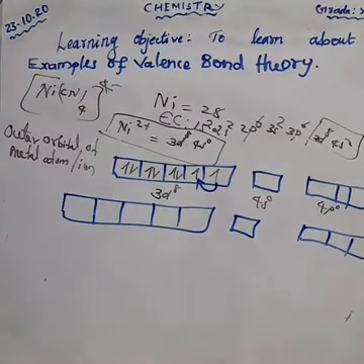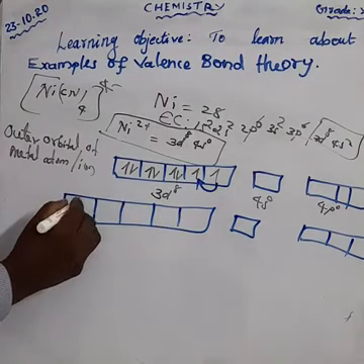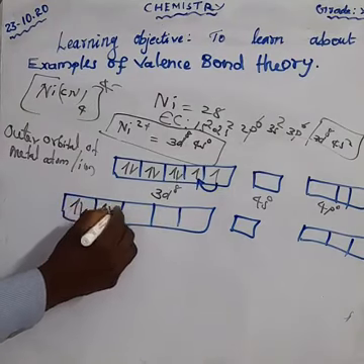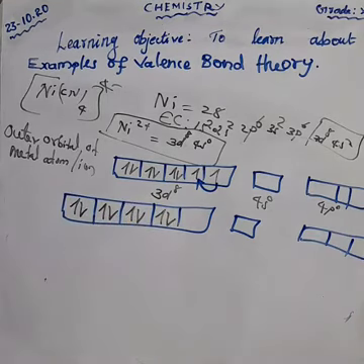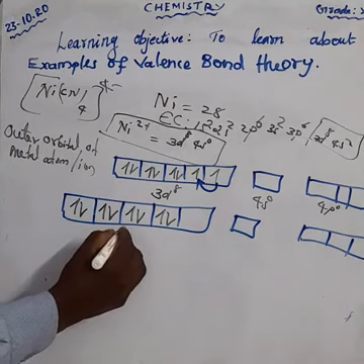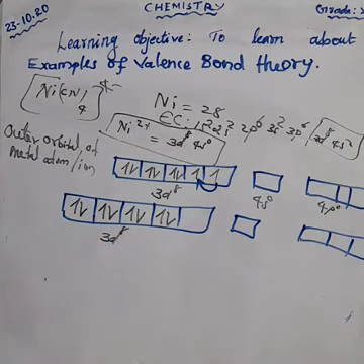Here these electrons will be paired: 1, 2, 3, 4, 5, 6, 7, 8. This is the vacant orbital in 3d. Am I right? It's a vacant orbital.